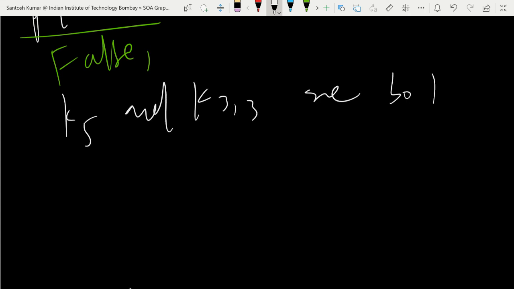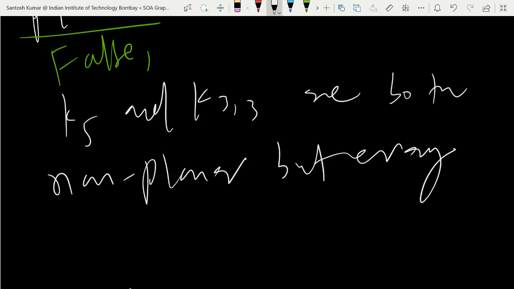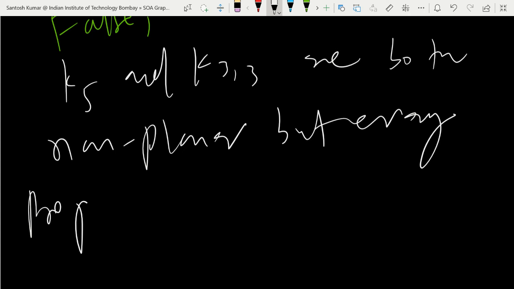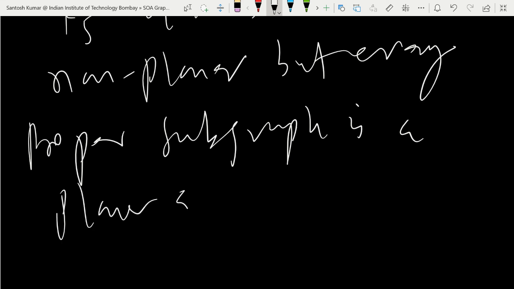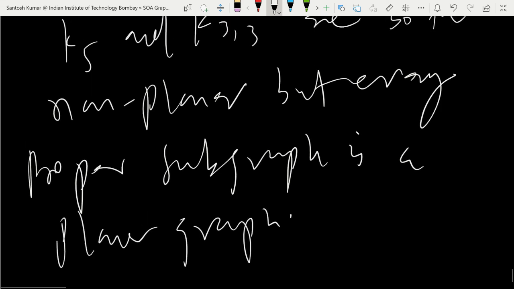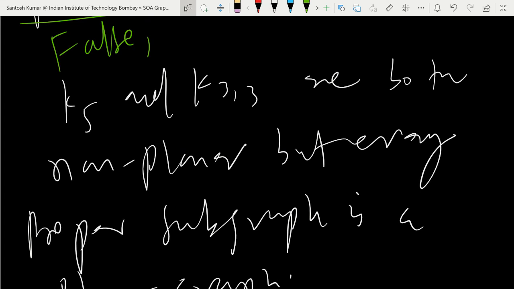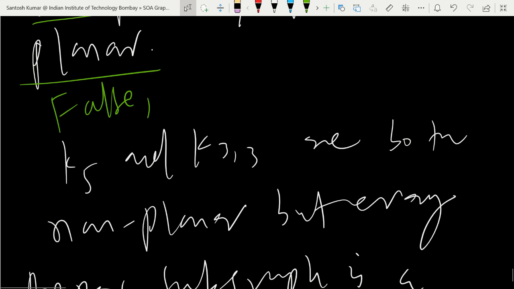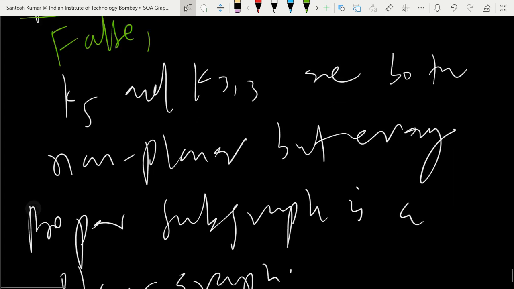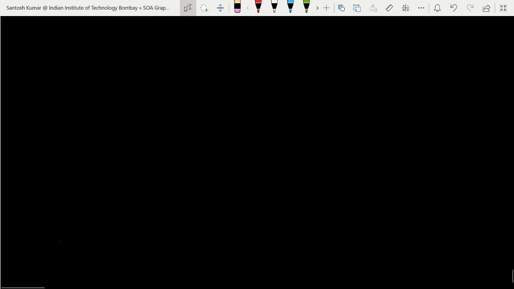These are both non-planar, so one example is enough. You can take any one of them. Both are non-planar, but every proper subgraph you take is a planar graph. So take any subgraph of K5 or K3,3 and it will always be planar. K5 and K3,3 are both non-planar, you already know this.